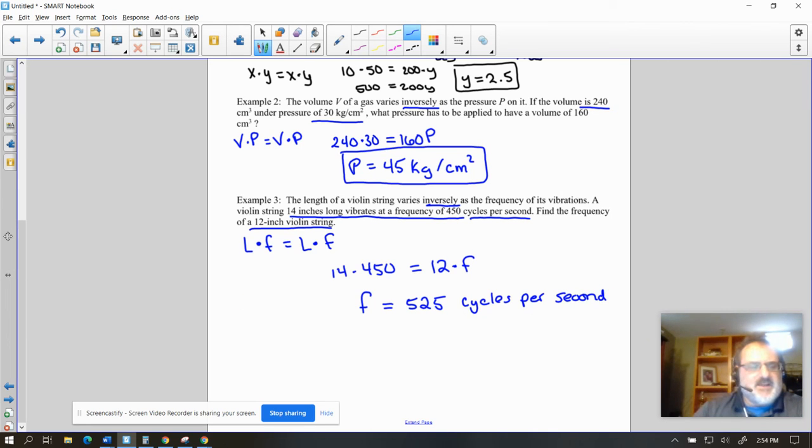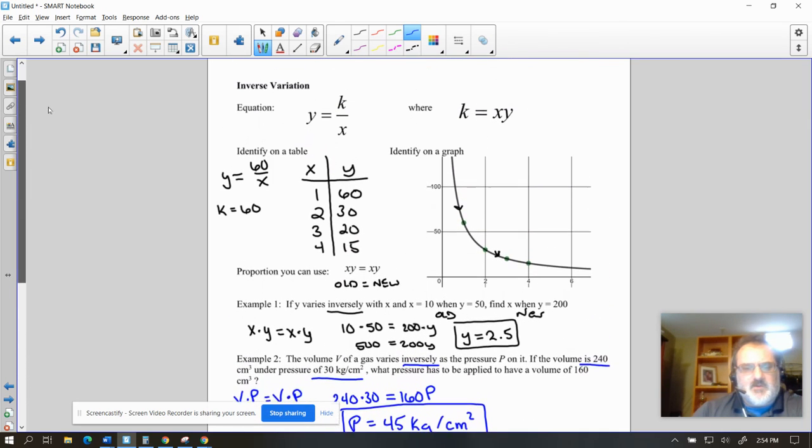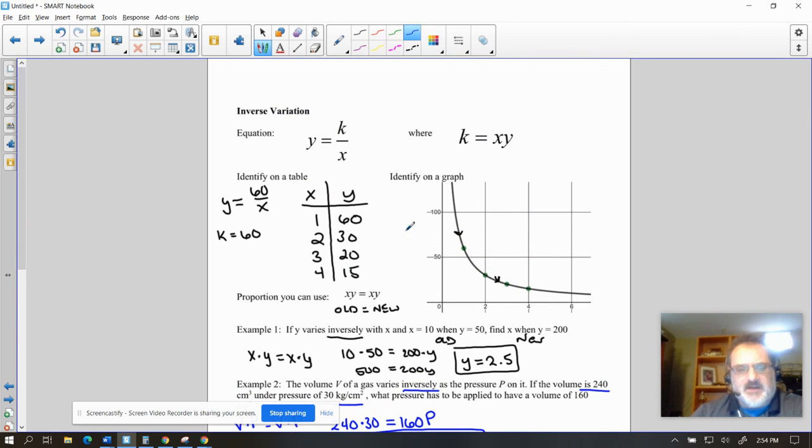Okay, and the last thing I need to mention is the same thing as before. I'm going to show you how you tell this is inverse variation from a table. If I have a table and I want to see if it's direct variation or inverse variation, I'm just going to multiply every x times y is the same.